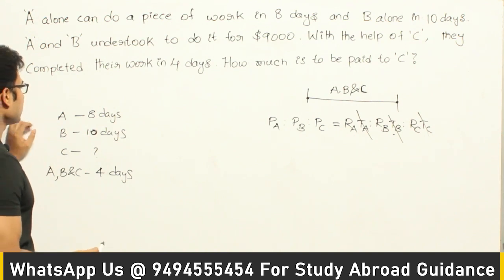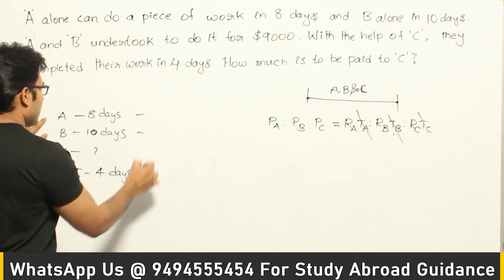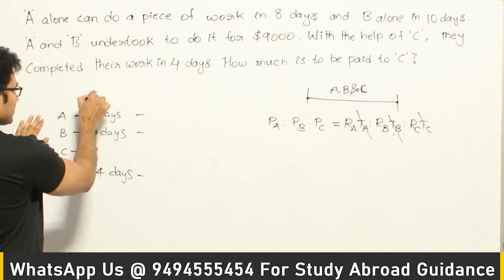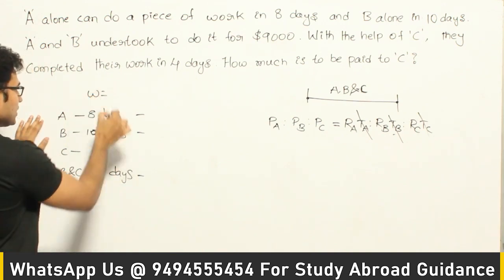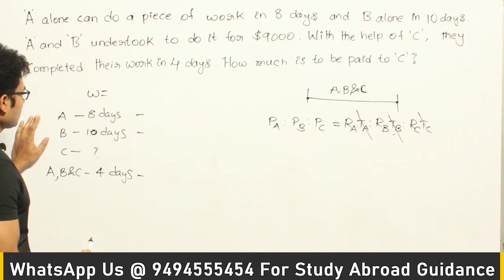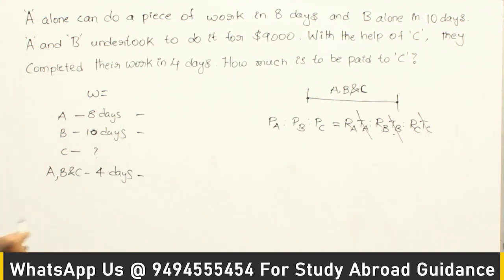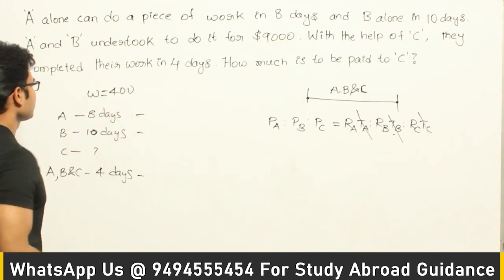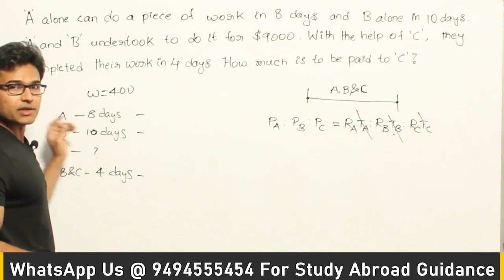So 8, 10 and 4 are given. Now we have to find out the rates. In order to find out the rates, let's assume that the work is some amount. What will be a better number to assume? Maybe assuming 40 is a good thing. Okay, so 40 units, because it is a multiple of all these three.